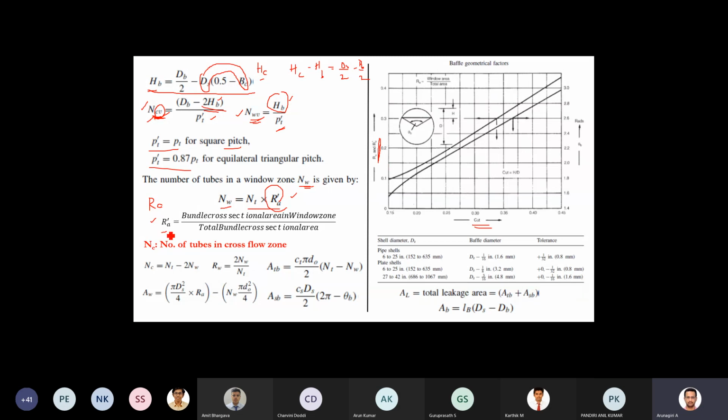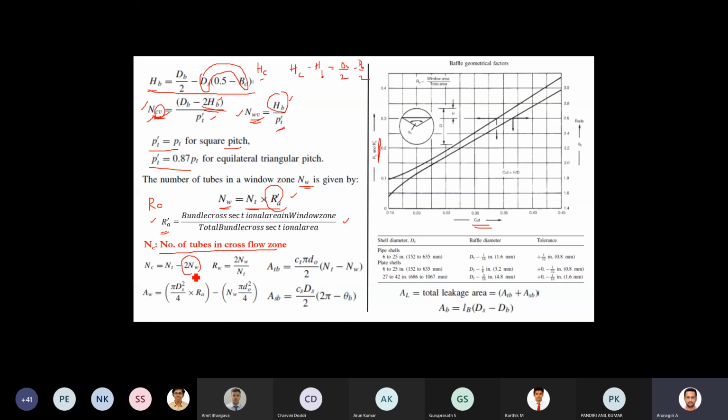RA dash is the bundle cross sectional area in the window zone to the total bundle cross sectional area. If you know the RA dash value, you can calculate the number of tubes in the window zone. NT is the total number of tubes. Similarly, you can calculate the number of tubes in the cross flow zone. Once you know the number of tubes in the window zone, 2 times NW covers the top bundle cut and the bottom bundle cut.